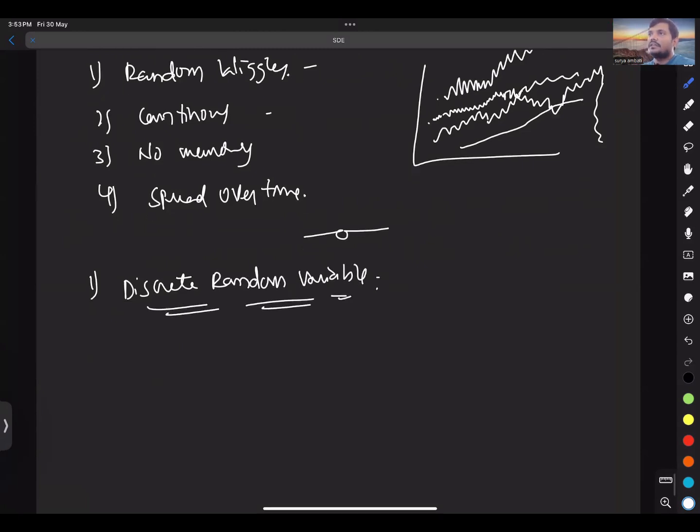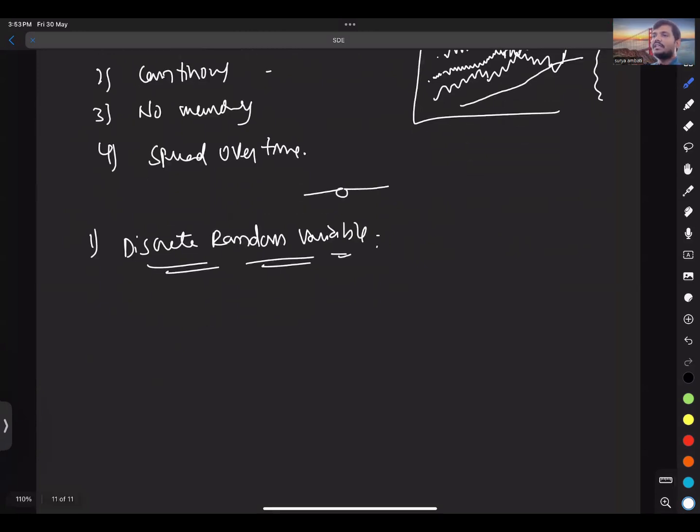To find the Brownian motion, basically we have to understand these three properties. One is that the mean of a random walk is always 0. I'll explain why.